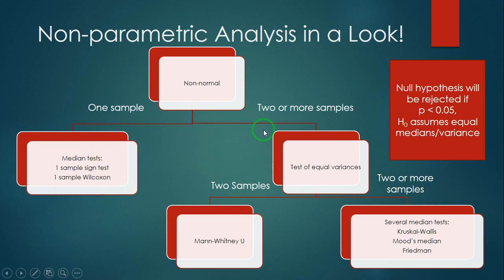And if you have two or more samples, you have to do the test of equal variances, and for two samples you can run the Mann-Whitney U-test, and for two or more samples you can run several median tests like Kruskal-Wallis, Mood's median test, and Friedman. Just note that the null hypothesis will again be rejected if the p-value is lower than 0.05, and the null hypothesis assumes equal medians or variances.